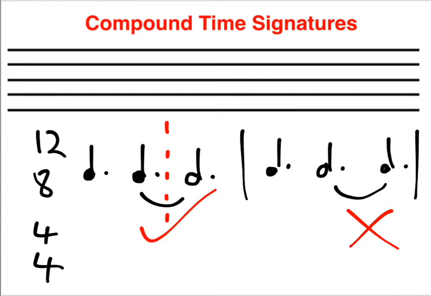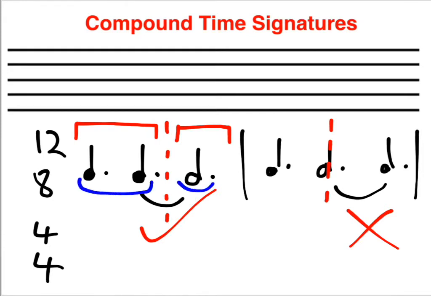Same thing in 12/8. Okay, so you must be able to see this half of the bar, and the second half of the bar. Okay, so that's why you have these two notes on one side and then this note on the other, because these two notes equal up one half of the bar, and then the dotted minim equals the other half of the bar. Okay, so that's the main exception.